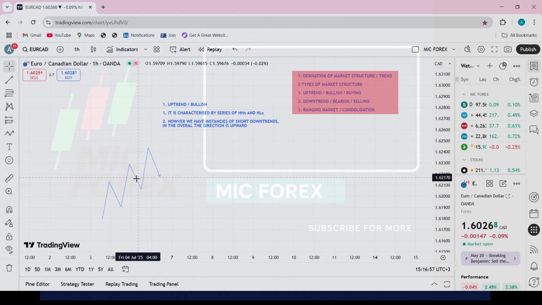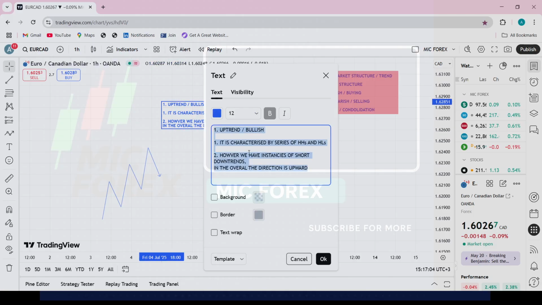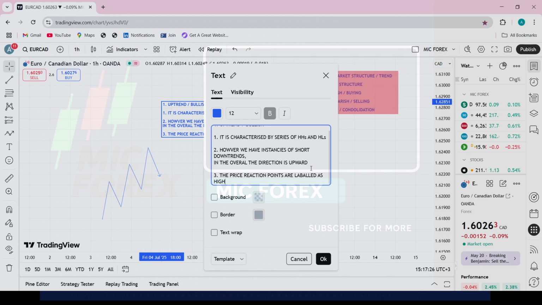So a market that is moving in this direction, you can see that actually the reaction points are marked as high and low. That one is very important to note. The price reaction areas or points are labeled as high and low.